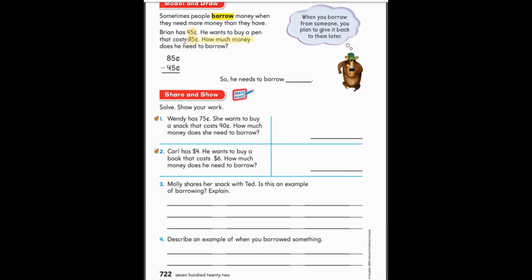How much money does he need to borrow? ¿Cuánto tiene que conseguir prestado? Now, box the keywords. Brian has, es el dinero que él tiene, has 45 cents. He wants to buy a pen, wants, cost 85 cents.